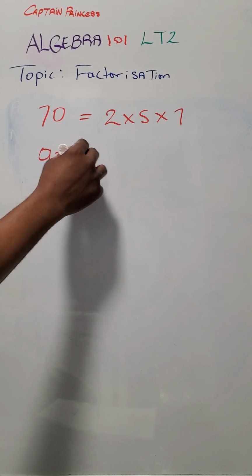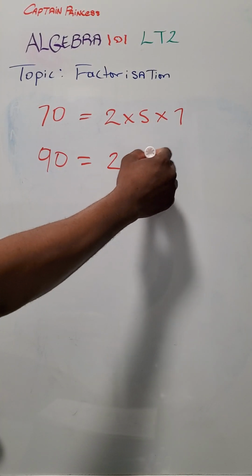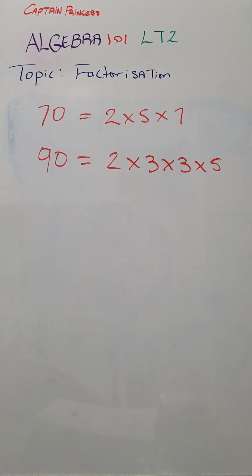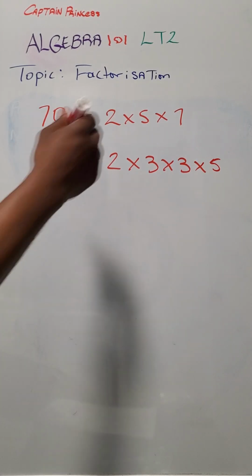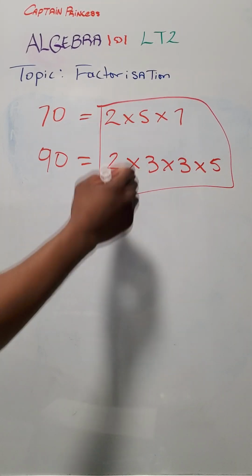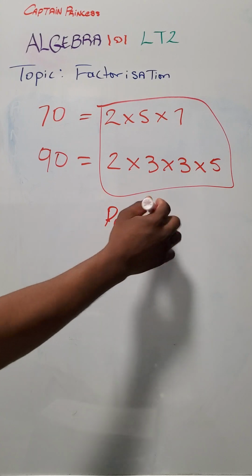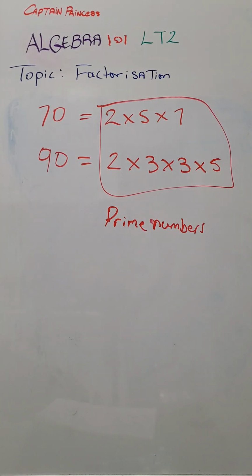And for number 90, the prime factor form would be 2 times 3 times 3 times 5. Now, what am I getting at? I am just focusing on the prime numbers because all these numbers are prime numbers, and those are the numbers which combine to give the prime factor form.